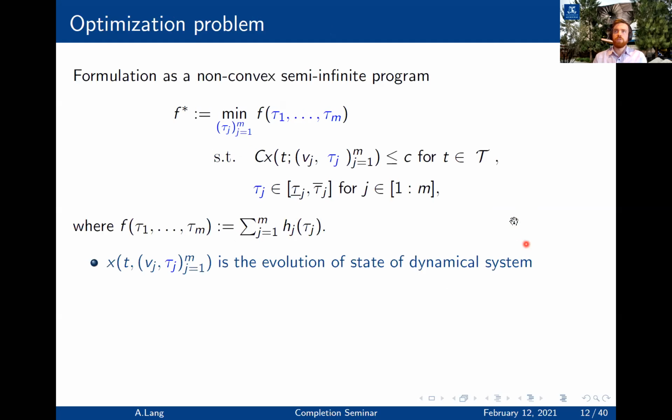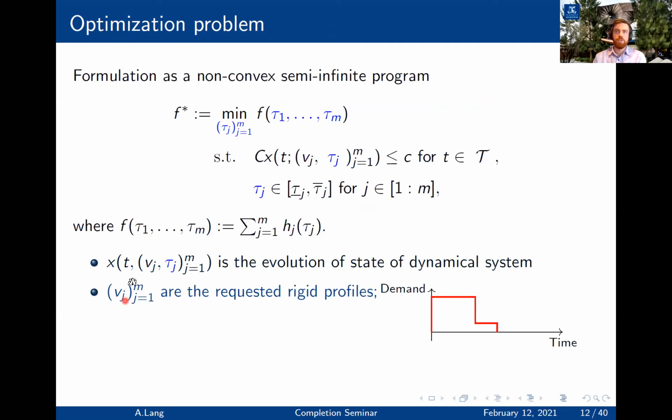This can be formulated as the following optimization problem, where X here is the evolution of the state of the dynamical system in response to a set of rigid profile inputs that have been shifted by a certain amount tau, where Vj are those requested rigid profile inputs.